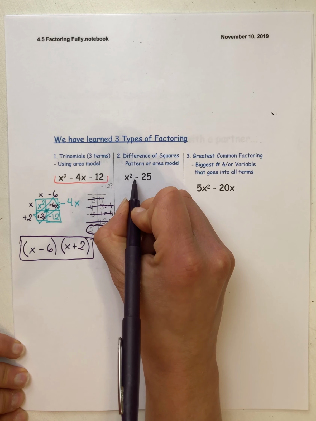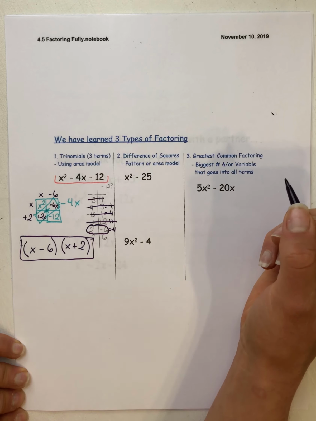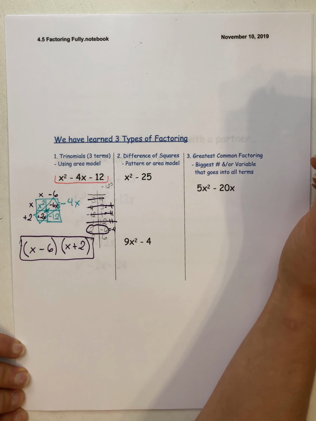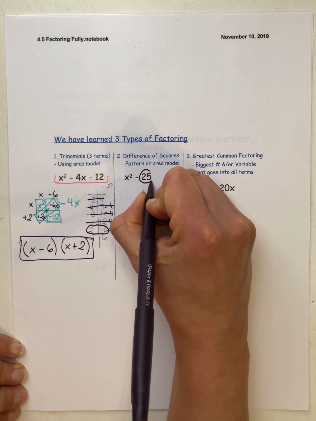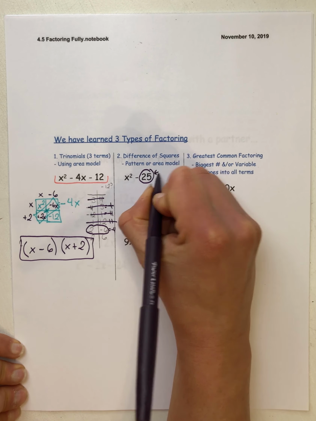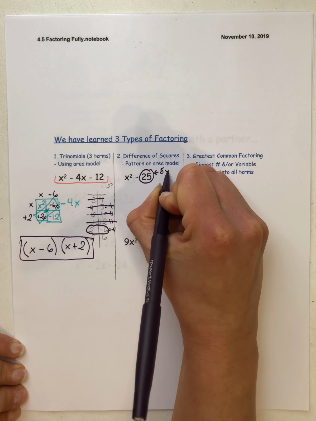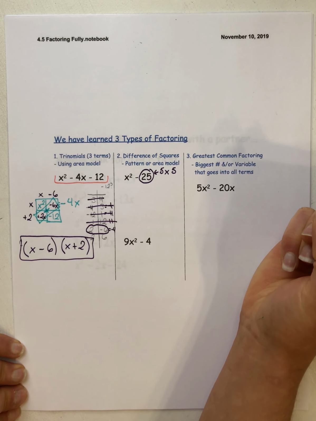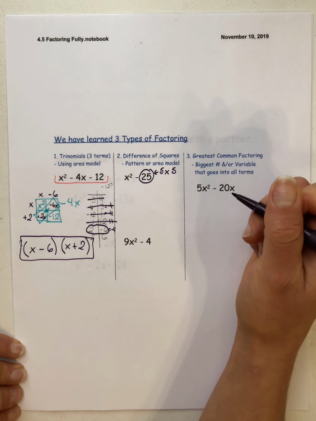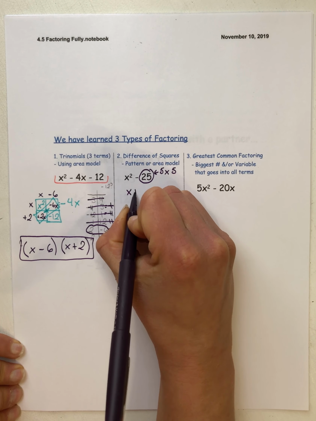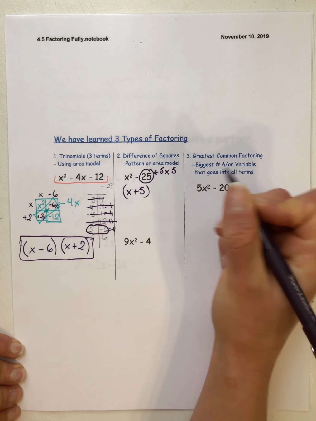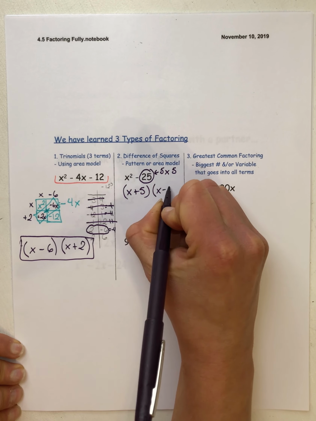So there is a negative. Yep, there's no x term, correct? And we have a perfect square, right? So this means that it is 5 times itself. So what we get to do with that is we get to do the shortcut where we do x plus 5 and x minus 5.